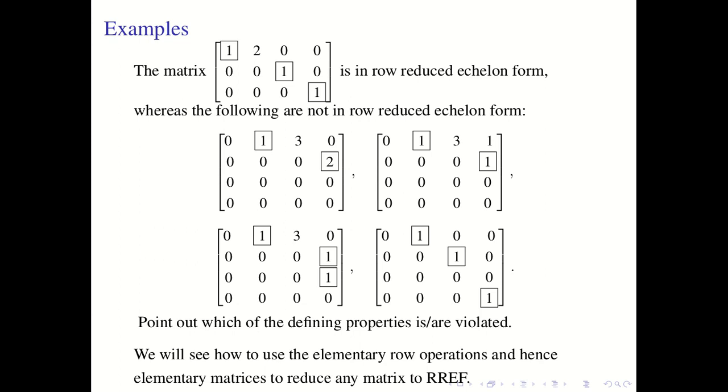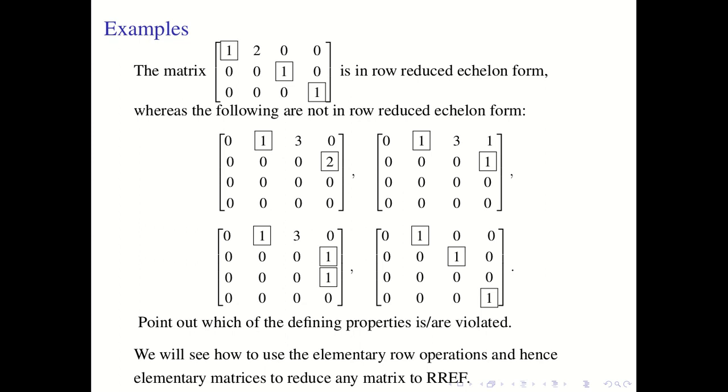The first pivot is the entry (1,2), that is 1, and all other entries in that pivotal column are 0. Now let's look at the next pivot. Next pivot is in the second row, but the pivot is 2. So therefore this is not in the row reduced echelon form, because each pivot must be 1.